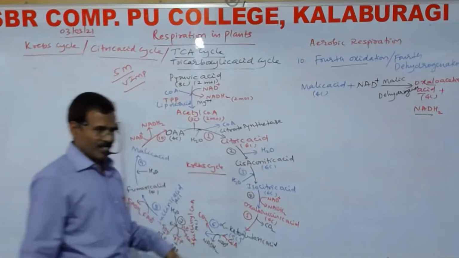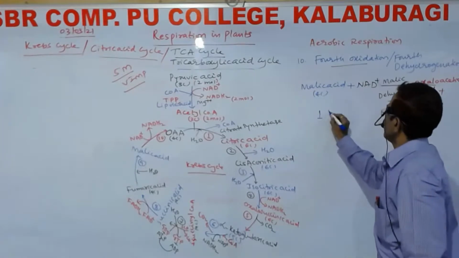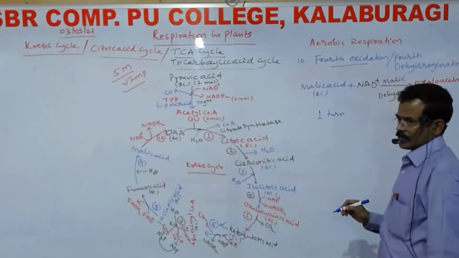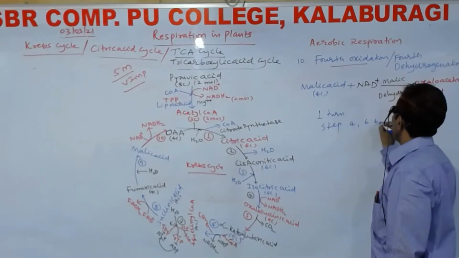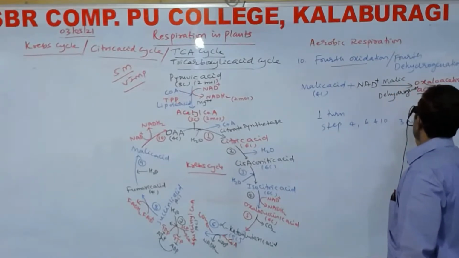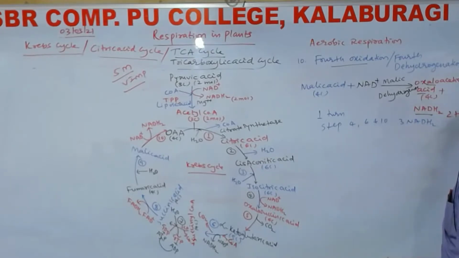So when 2 turns are completed, say in one turn, step number 4, 6, and 10, 3 NADH2 are synthesized. After 2 turns, how many will be synthesized? 6 NADH2. Remember.